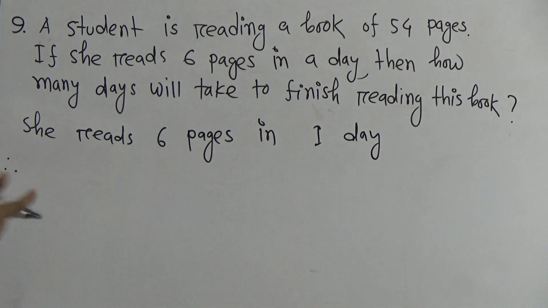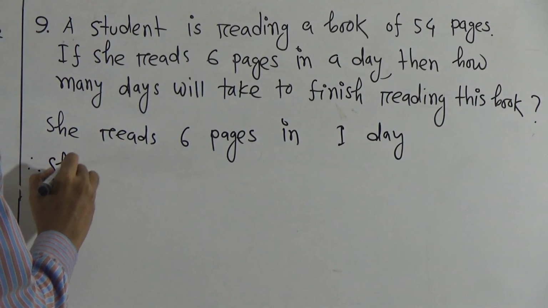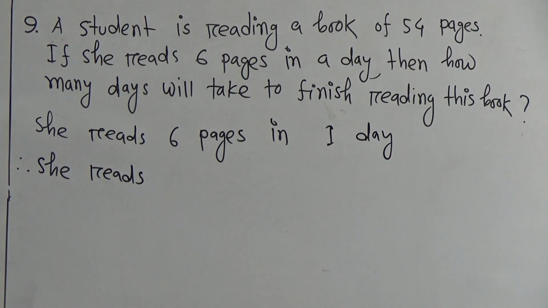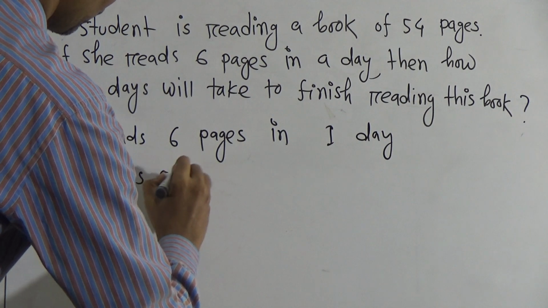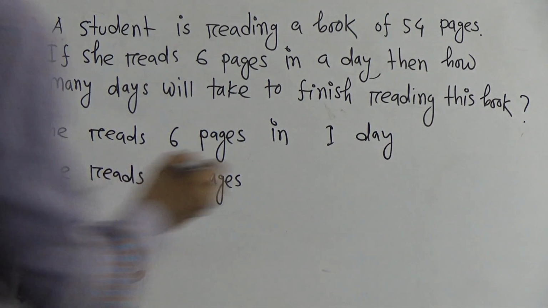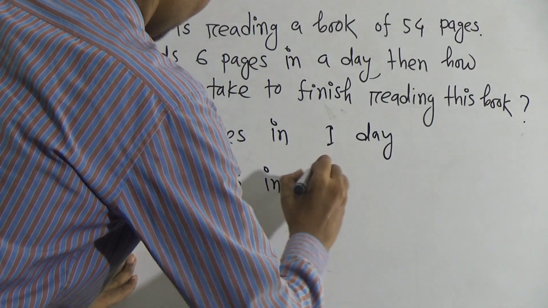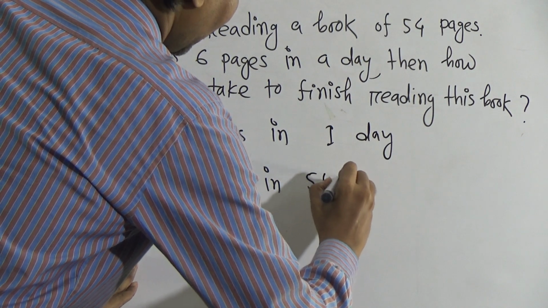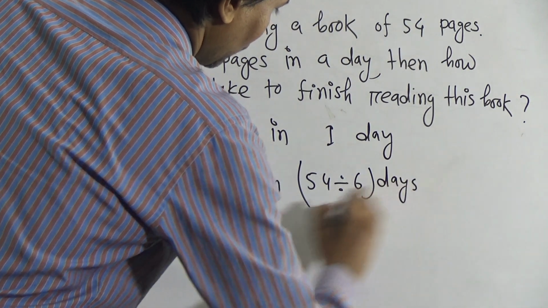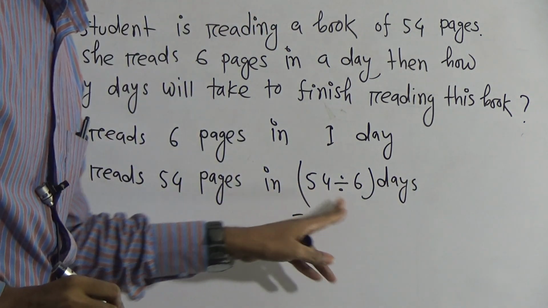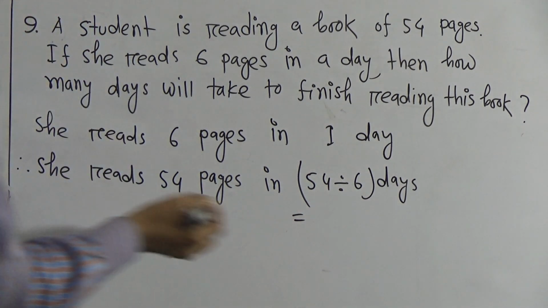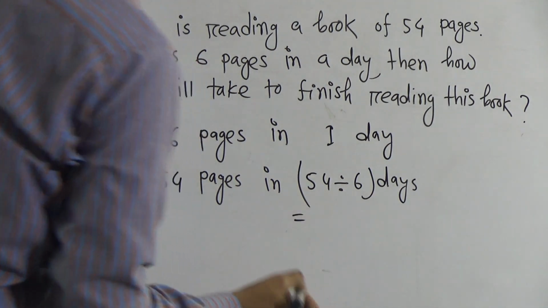Therefore, she reads 54 pages in 54 division 6. You divide 54 by 6. We know 6 9s are 54.